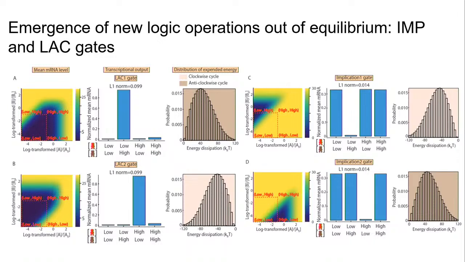This is the implication logic, this is A implies B, and this is the negation, which we've called the lack logic. These rely on the non-monotonicity of the mRNA level with one of the transcription factors. Because if you wanted to create this gate at equilibrium, you would have to have an activator and a repressor. But out of equilibrium, the nature of the protein itself doesn't matter.